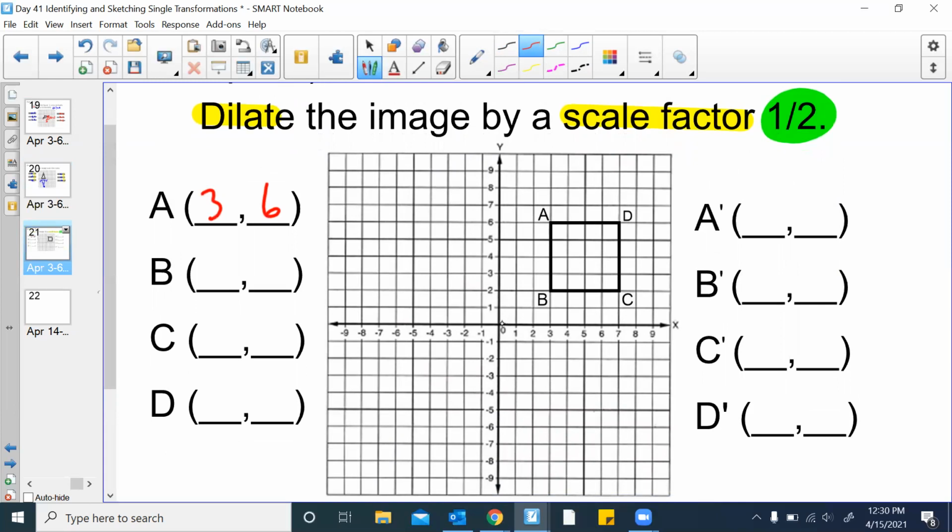Let's see. B is going to be 3, 2. C is 7, 2. And D is 7, 6. All right, and all we're going to do is multiply each one by 1/2. Multiply each of our values by 1/2.